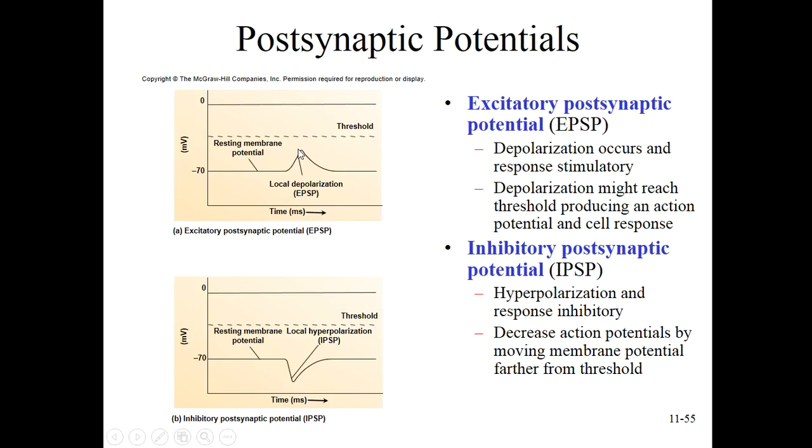This is sometimes called an excitatory postsynaptic potential, but it really is another example of a subthreshold stimulus. You can imagine during this short period of time, this cell would be more easily brought to threshold. And so if there are other neurons coming in, or if there are sensory receptors attached to this neuron, it only has a little distance to go before it would fire.